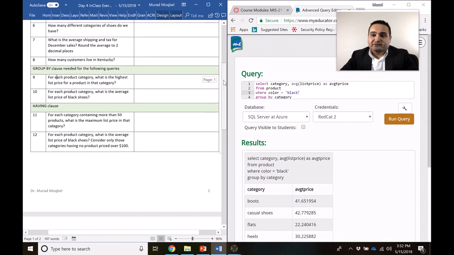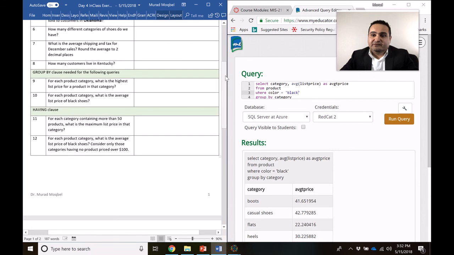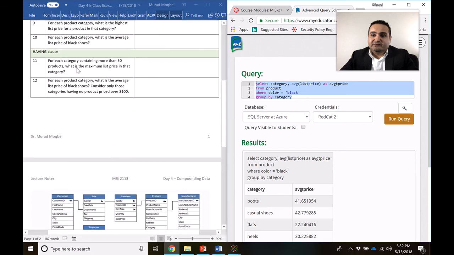Alright, so now the last two items are when we use having. So having, if we want to pinpoint or narrow down our output based on an aggregate number. Alright, so let's see. For each category containing more than 50 products, what is the maximum list price in that category?